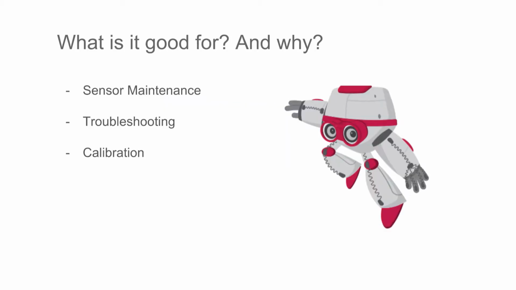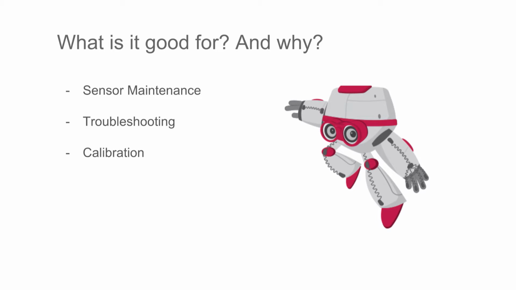Okay, so a couple of main questions: what is it good for, and why? There are three very important topics here. The first one is sensor maintenance. A lot of our users use the Perception Neuron on the road, at home, at a studio, or at their office, and once you're using it in those environments, sometimes you might have to upgrade the system.